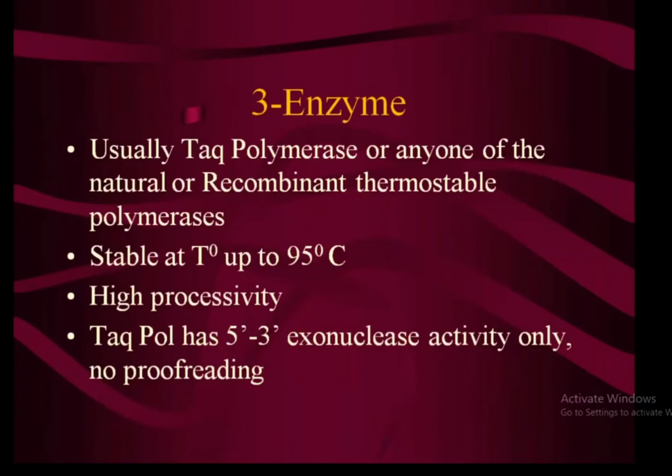Third is the enzyme. Usually we use Taq polymerase or any other natural or recombinant thermostable polymerase. It is stable up to 95 degrees Celsius and has high processivity, and Taq polymerase has 5' to 3' exonuclease activity only. The side effect of using Taq polymerase is that it has no proofreading activity.